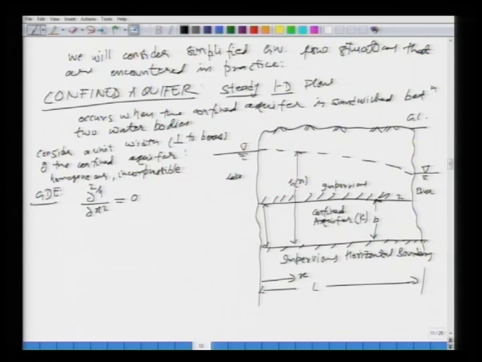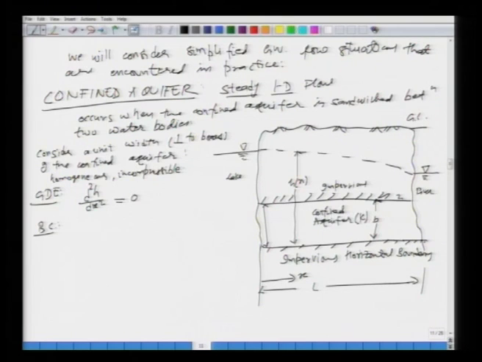What will be the boundary conditions? From the knowledge of your mathematics, you know that each differential equation, actually I can write because there is only one, I can use capital D. It is the total derivative, you can have d 2 h over dx 2 equal to 0.